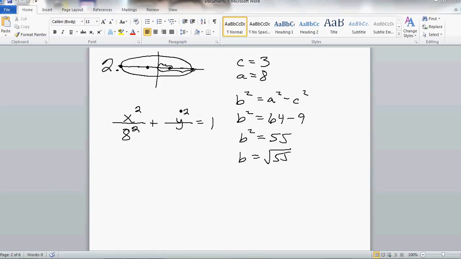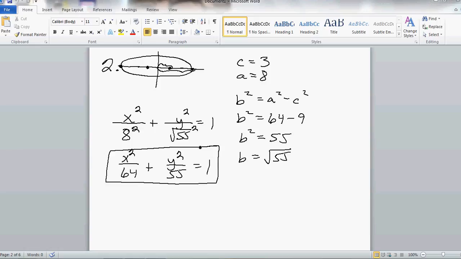And the minor axis, or the other one, is the distance for b, so that would be the square root of 55 squared. Cleaning this up, we get x squared over 64 plus y squared over 55 equals 1. And this is the equation of the ellipse with the center at 0, 0, focus at negative 3, 0, and the vertex at 8.